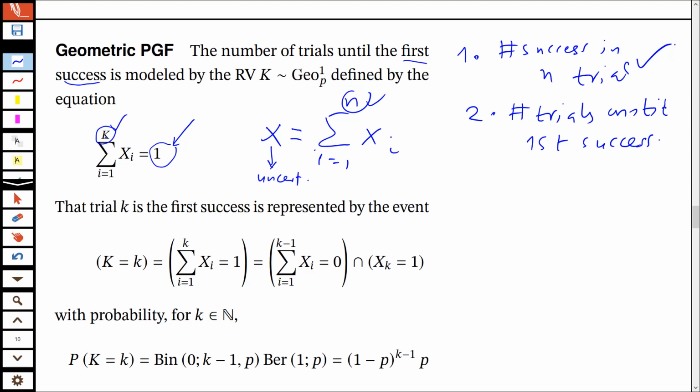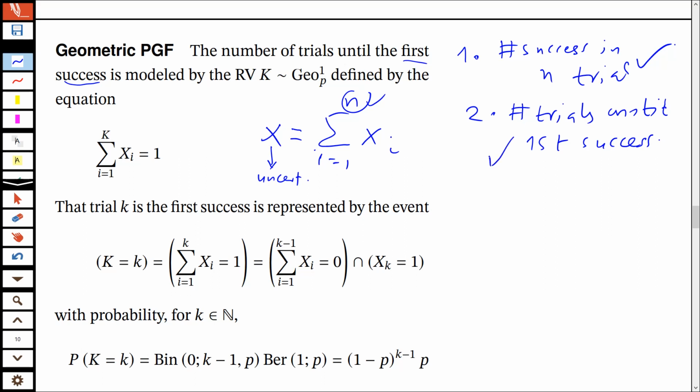Sometimes you will be lucky, you will get it in the first trial, but sometimes you will have to wait for 10 trials and maybe you never see that success. So k is a random quantity. That is what we are looking for. So let's say k will be the number of trials.